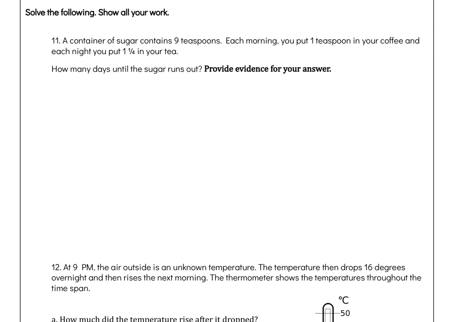Okay, so first of all, we should figure out how much total sugar we are using in a day. Well, we use 1 in the morning, and we use 1 1/4 at night, meaning in total I would have 1 over 1 plus, converting this, 5/4.